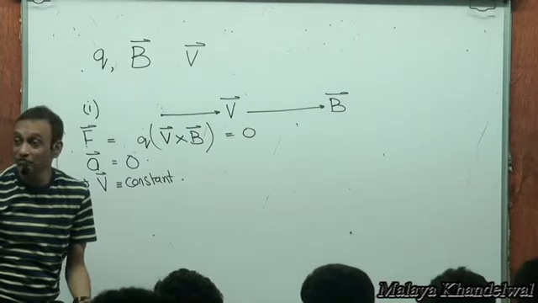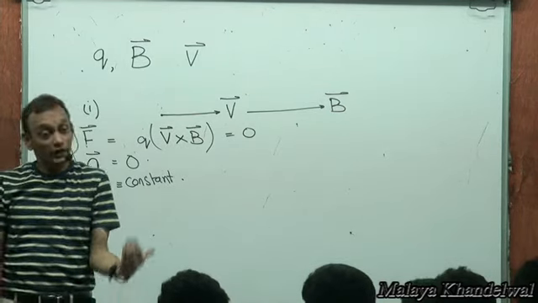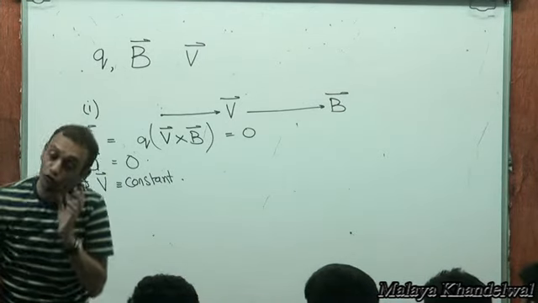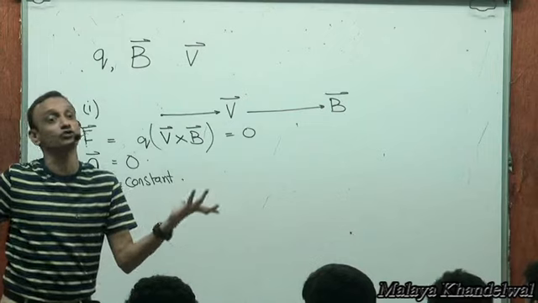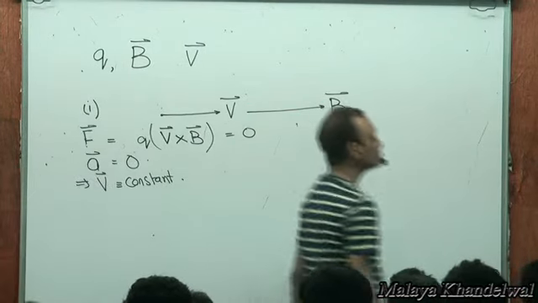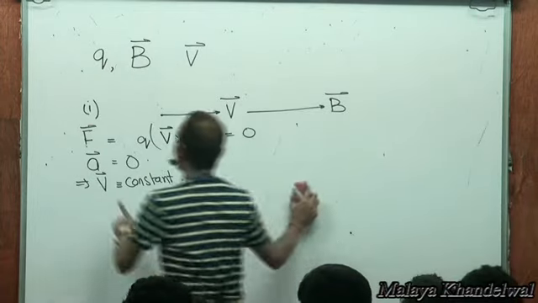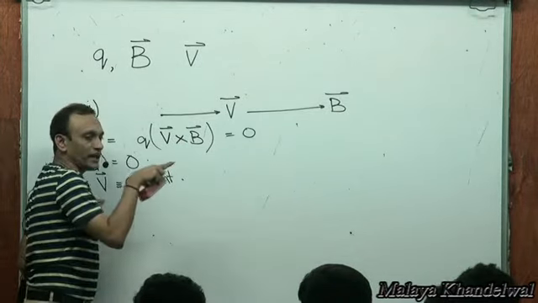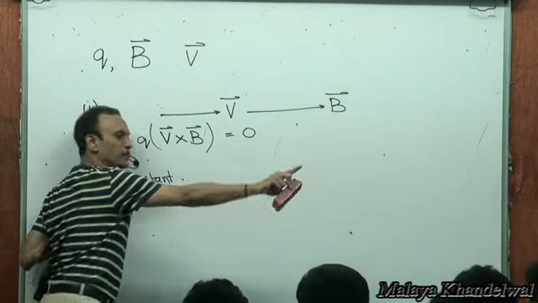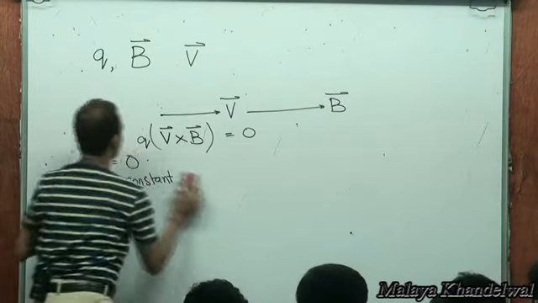It will know of the magnetic field only if it can interact with the magnetic field in terms of experiencing a force because of the magnetic field. Otherwise, it would not even know of that. So it will move with a constant velocity, neither the direction nor the magnitude will change. It will move along a straight line parallel to B. Clear?